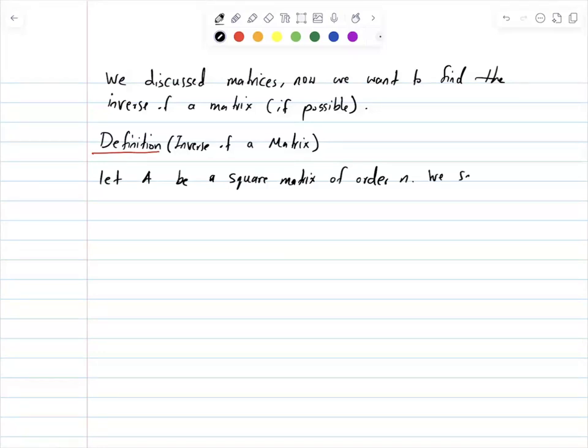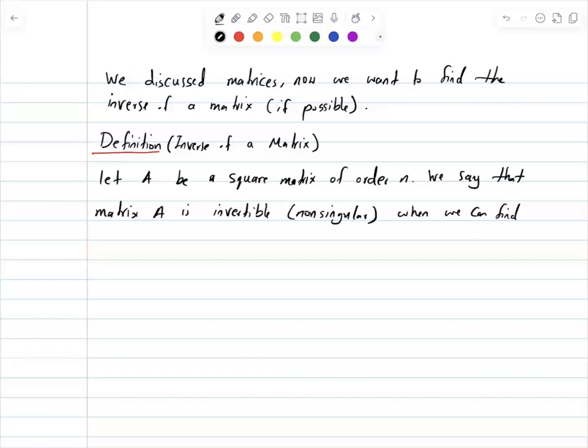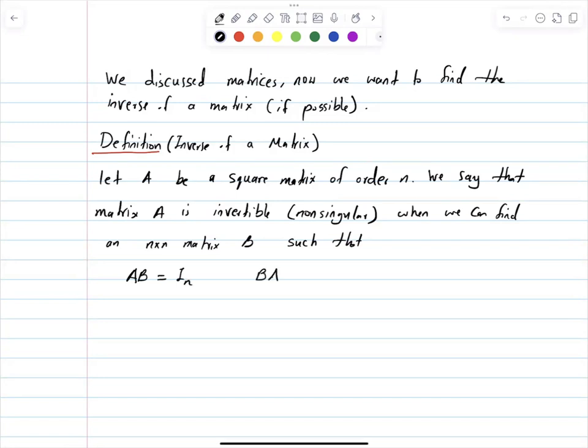We say that matrix A is invertible or non-singular when we can find an n by n matrix B such that if we multiply A and B, the result is the identity matrix of the same size, and also BA is equal to the identity matrix of the same size.